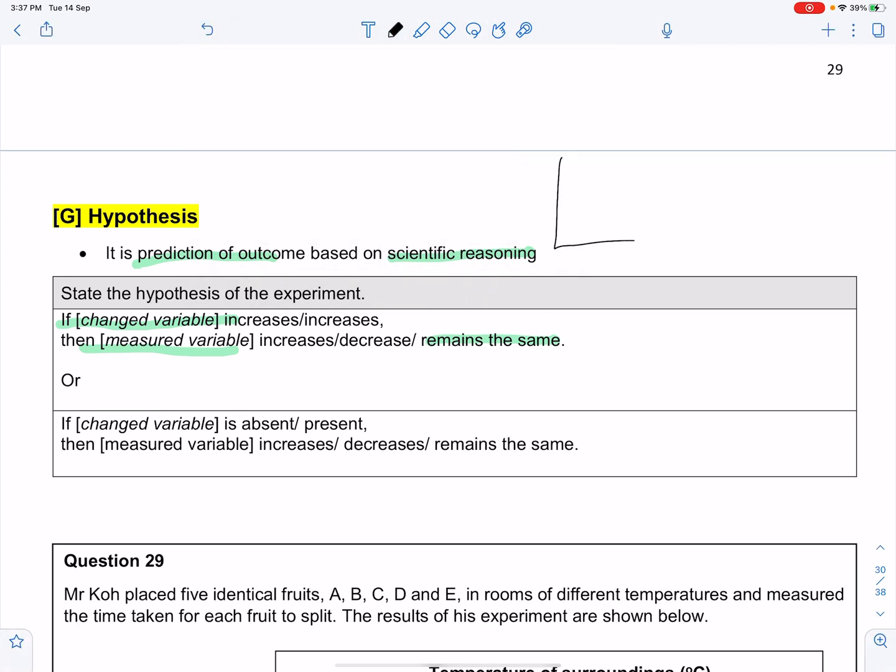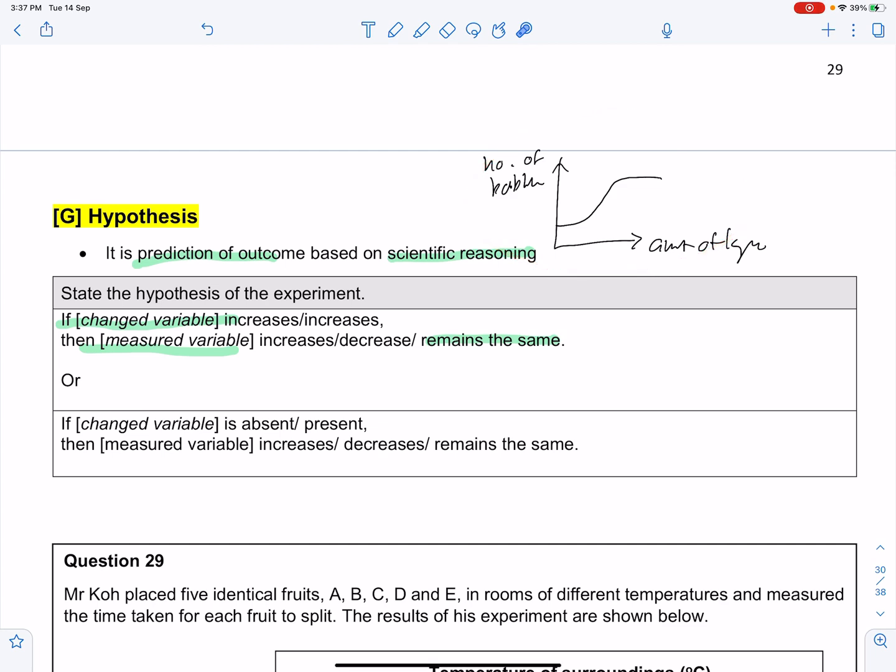Okay, this is amount of light. This is number of bubbles. And it shows something like this. As amount of light increases, number of bubbles increases. This is not a prediction. Then they ask you what is the relationship. This is a relationship that you see from the graph.